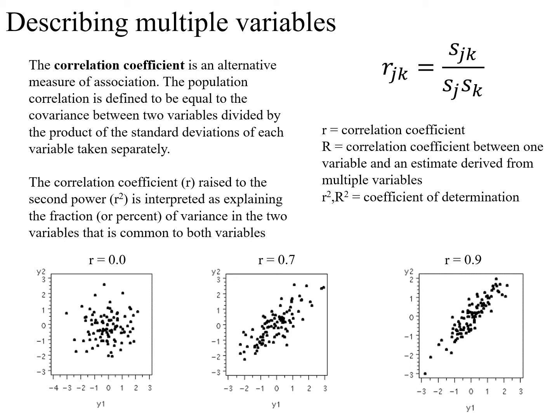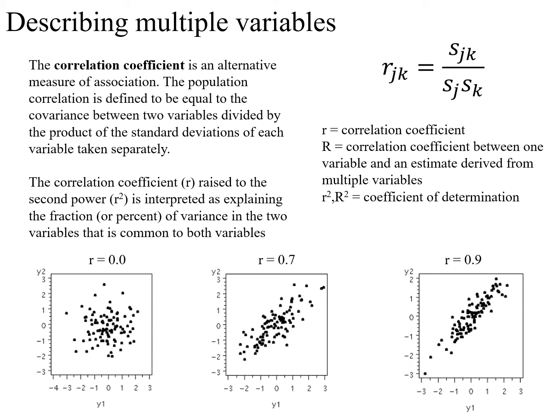So in the middle, that's an r of 0.7, and we would say that 49% of the variance in the two variables is common to each variable, or 49% of the variance in one is explained by the variance in the other.